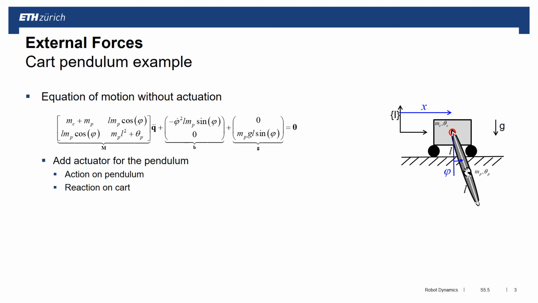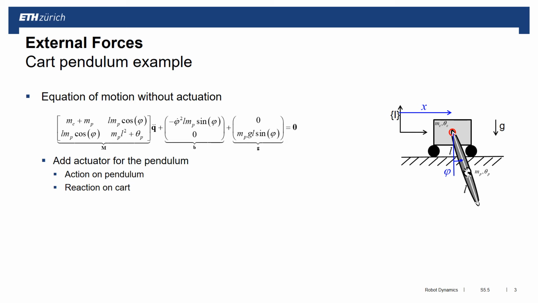Now let's have a look at this with a simple example. We're going to look again at the cart pole setup that we had already discussed previously, where we looked at the 3 different methods to generate the dynamics equations of motion. They all result in the same 2-dimensional equation of motion. However, so far we looked at this setup as completely unactuated.